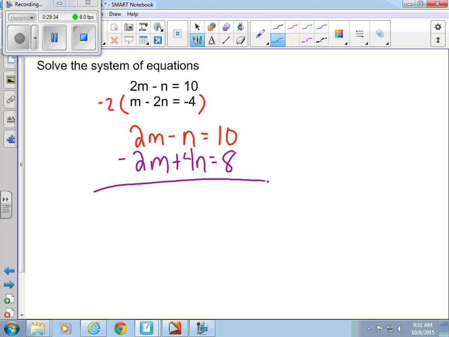Add down. What happens to the 2n minus 2n? Cancel, so I get 0. Negative n plus 4, 10 plus 8. And so n is 6. And then how would you find m? Plug it into either of the top 2 equations. I'm going to use the bottom one, but it makes no difference.